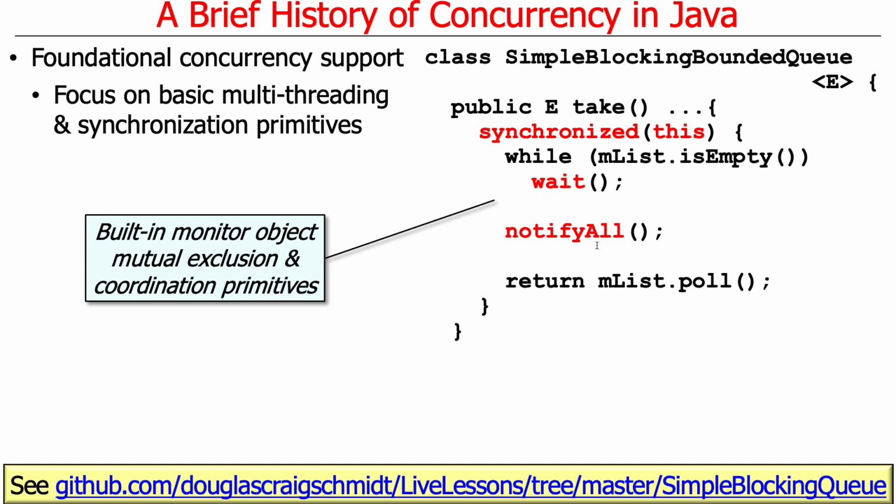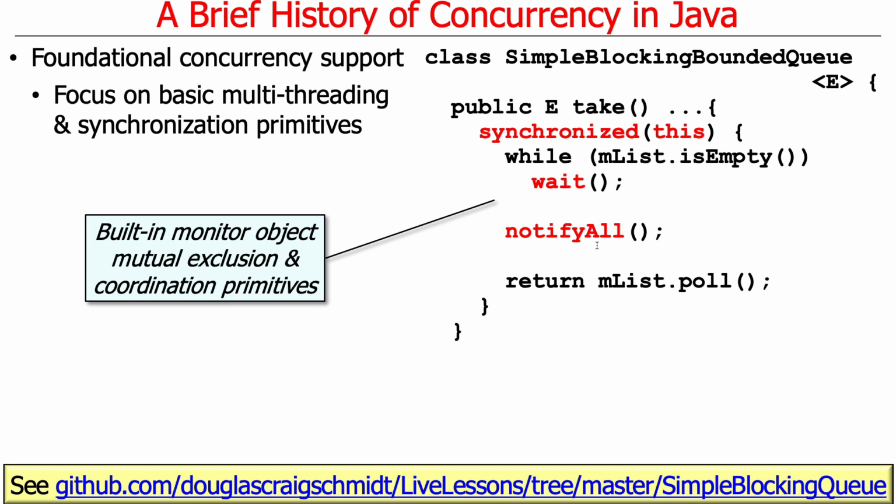Then, while the list is empty, because we're trying to get an element off the synchronized list, we wait. Wait suspends this thread until someone notifies it that there's something in the queue, which allows it to wake up and make progress.